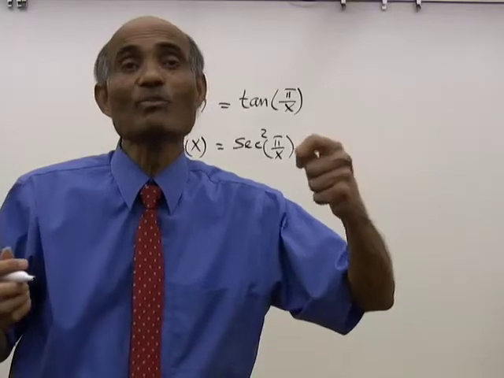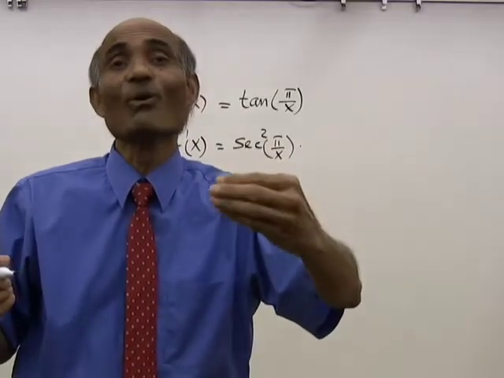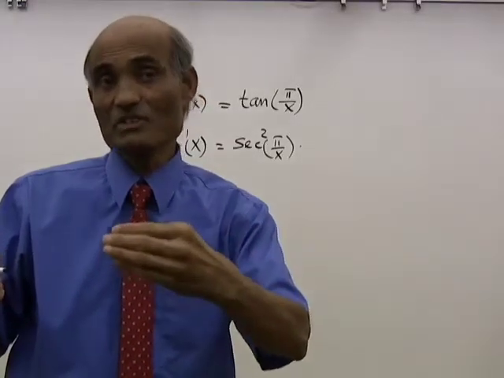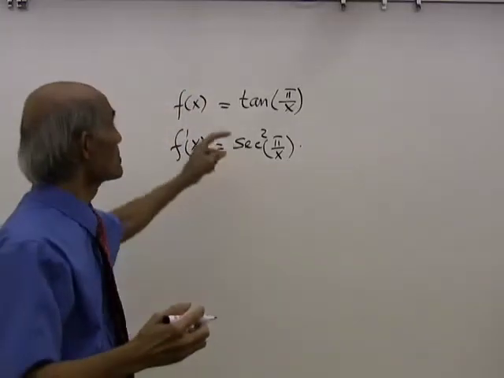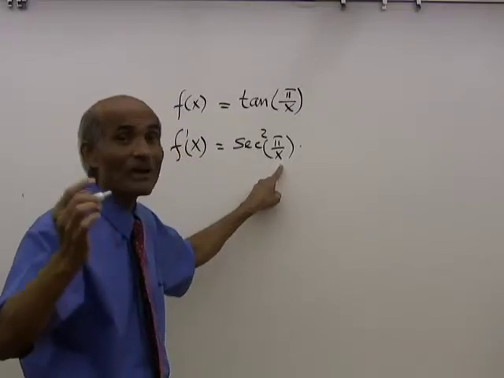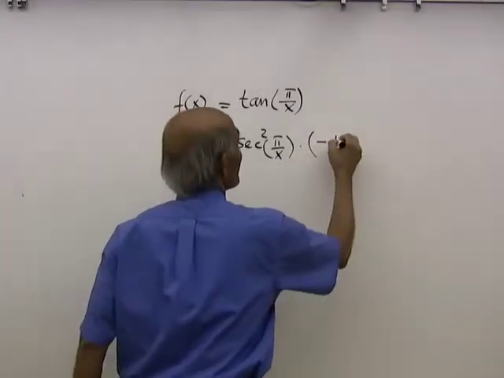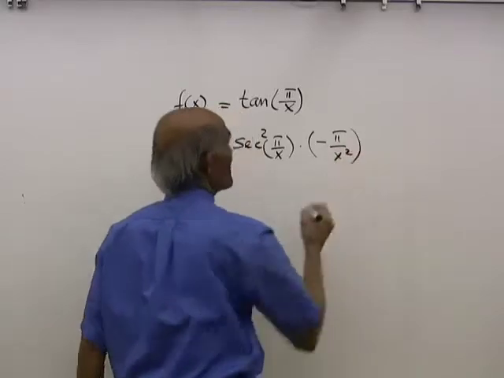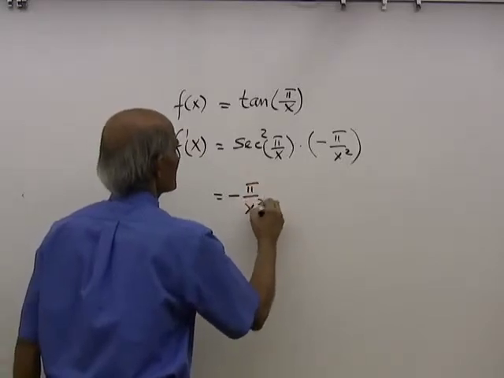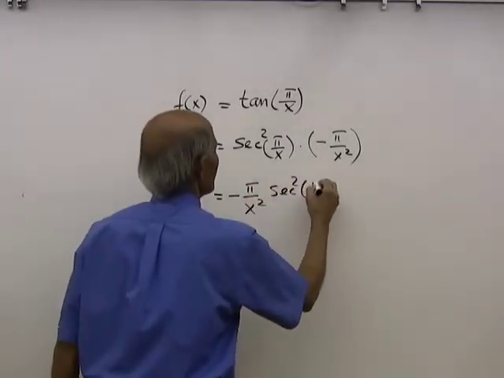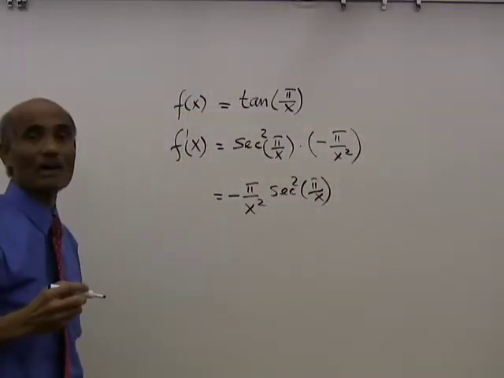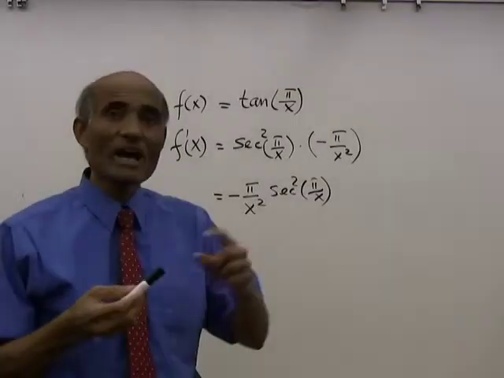Derivative of a over x is negative a over x squared. The derivative of 1 over x is negative 1 over x squared. The derivative of pi over x is negative pi over x squared. So multiplied by negative pi over x squared. So our result is negative pi over x squared secant squared pi over x is the derivative of tan pi over x.